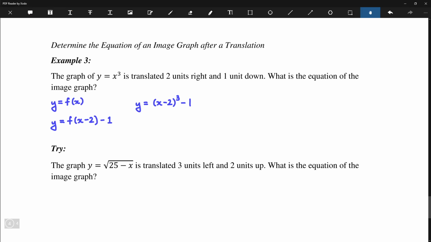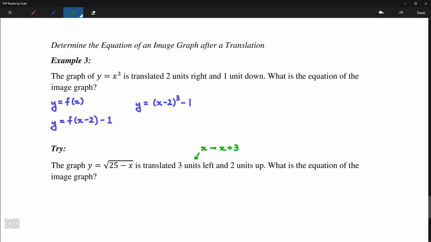Okay, last one for today, a very similar kind of question. The graph y equals the square root of 25 minus x is translated 3 units left and 2 units up. What's the equation of the image graph? Alright, so another way to think about this is we are replacing x with x plus 3 because of the translation to the left.